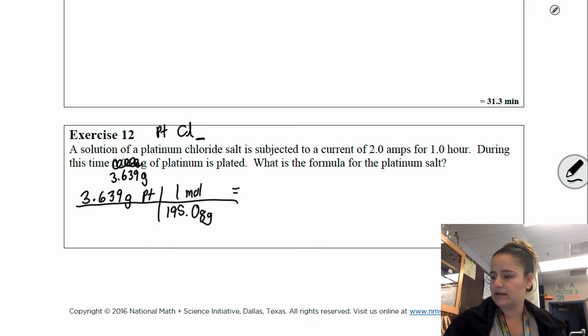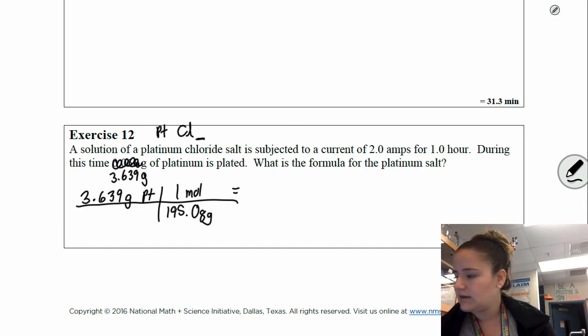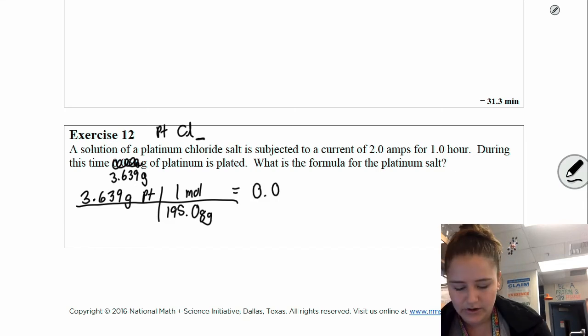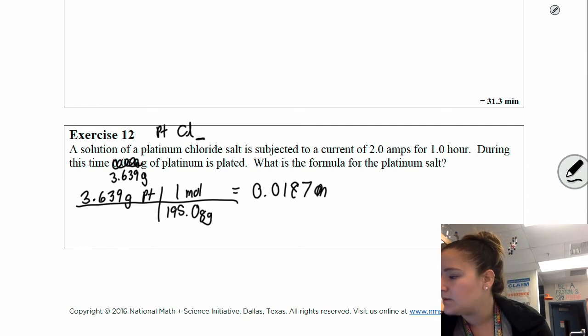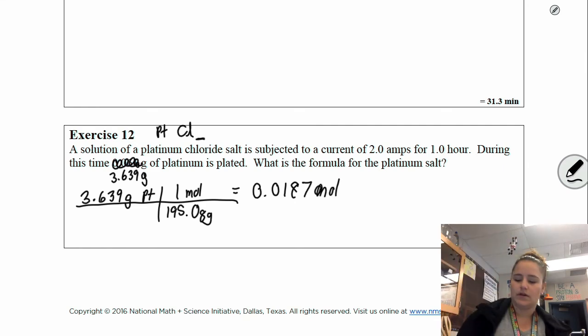You plug that into your calculator, and you get 0.01865, so I'll say 0.0187 moles.